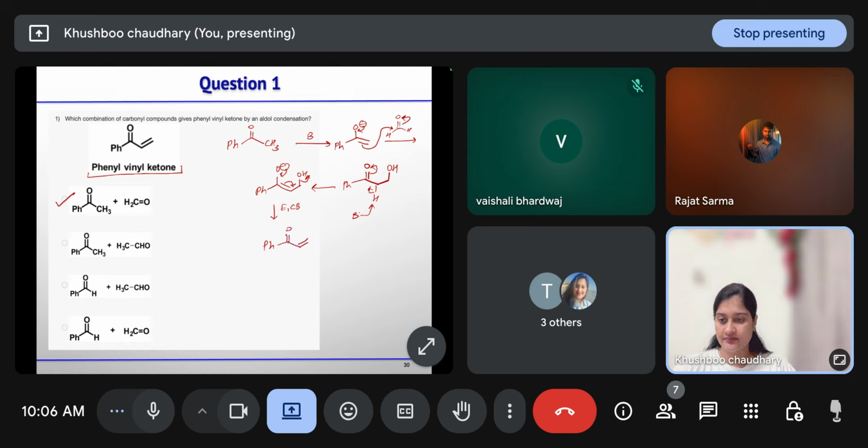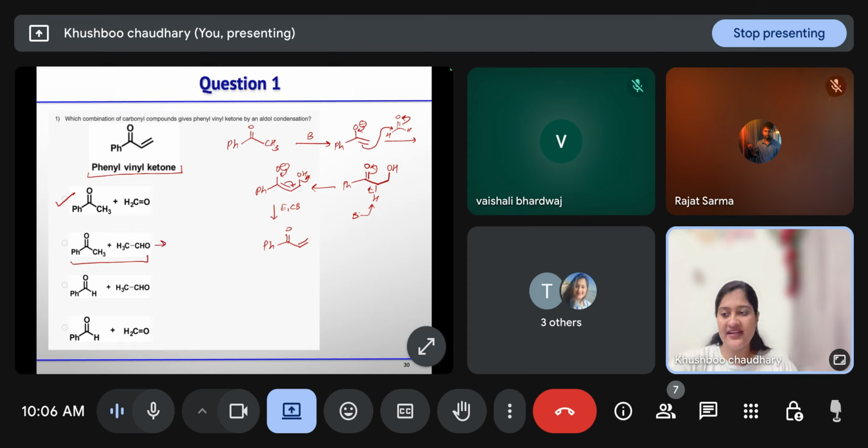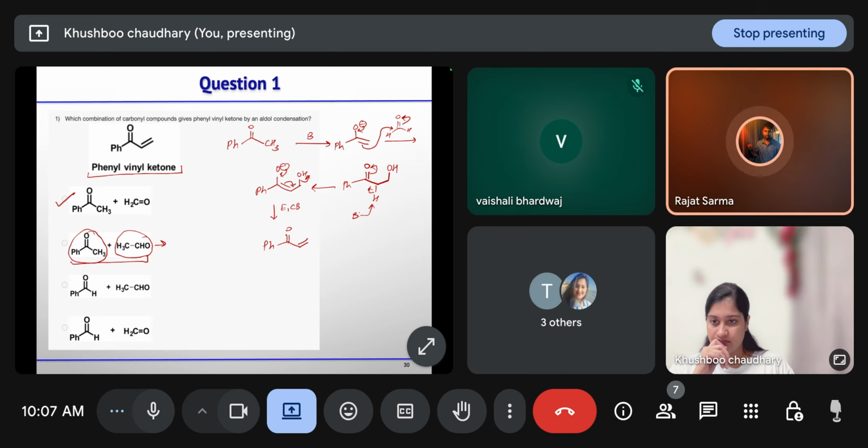Clear? Yes, ma'am. Now in the case of the second one, what will you get, the self condensation product as the major product or the cross condensation product? In one case you have acetaldehyde, and in the other case you have a ketone. Self condensation, because the aldehyde is more electrophilic, more reactive. Then in the next case, you will get the cross aldol product.